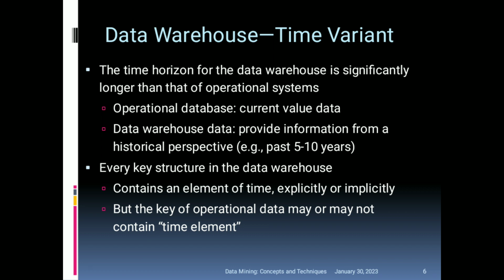Data warehouse data provides information from a historical perspective, for example the past 5 to 10 years. Every key structure in the data warehouse contains an element of time, explicitly or implicitly, but operational data may or may not contain a time element.